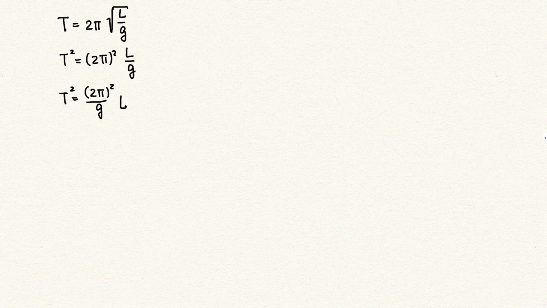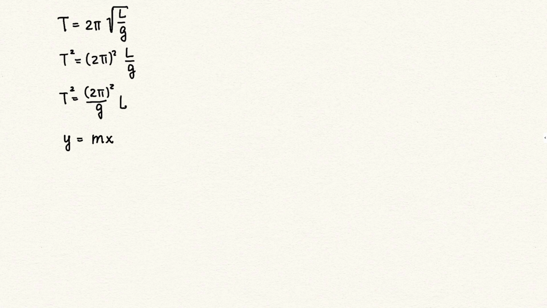Now let's think of an equation of a straight line, y equals mx with the zero intercept. So we know that m is our slope of a straight line.